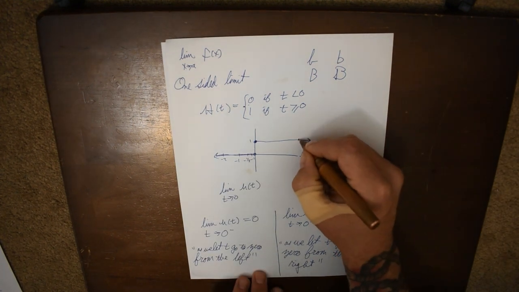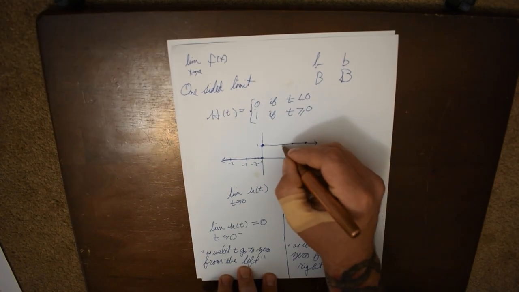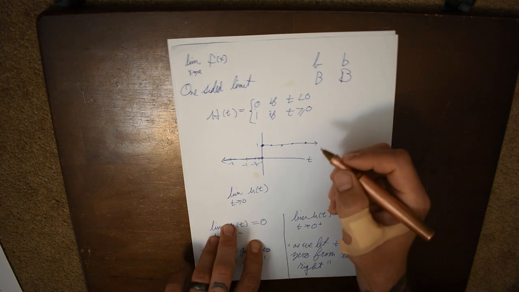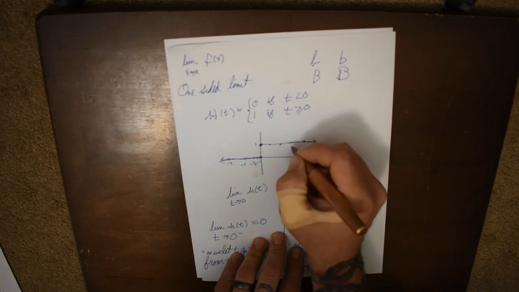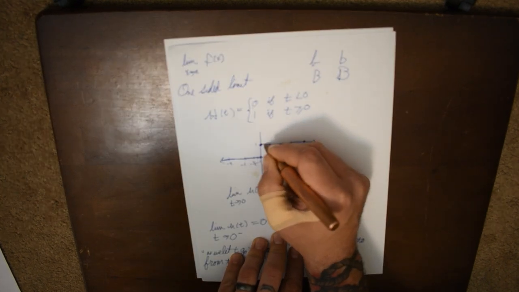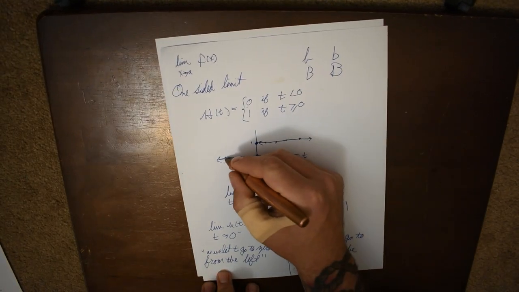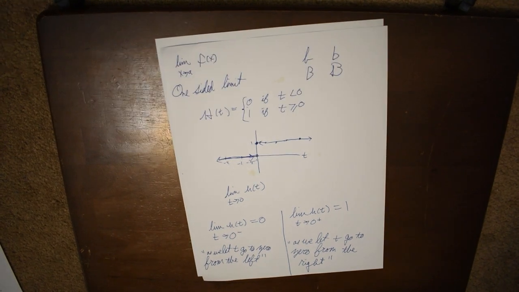Because at this point we've got a y-coordinate of 1, and at this point a y-coordinate of 1, and at this point, a y-coordinate of 1. As we approach from the right, the pattern in our y values tends towards 1. But as we approach from the left, the y values tended towards 0.